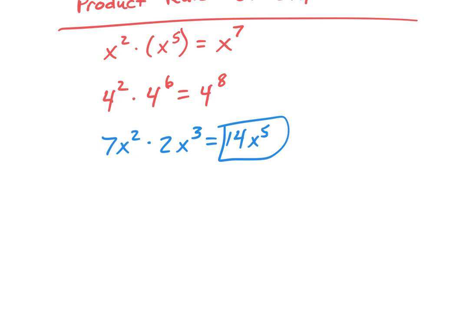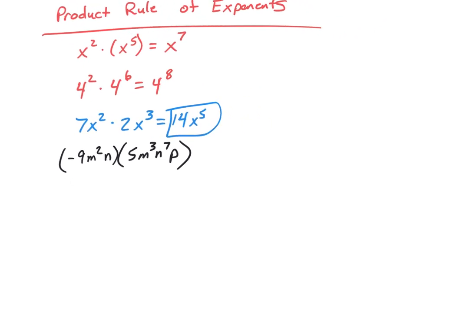All right, let's do one more. This one's a little bit different. Let's go negative 9 m squared n. All right, so all that's happening here is we just keep adding a little bit more and more, right?